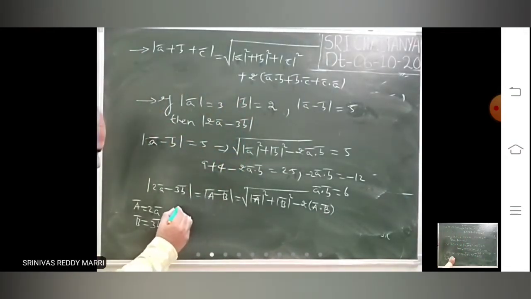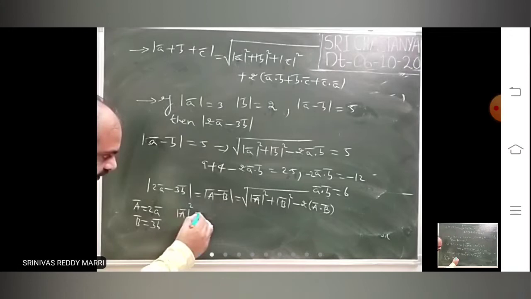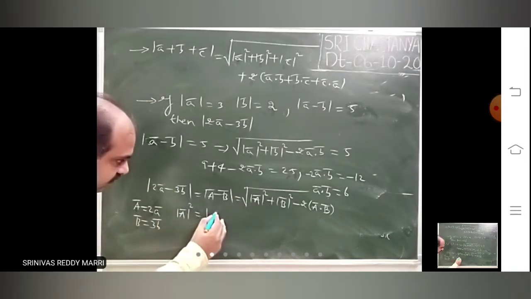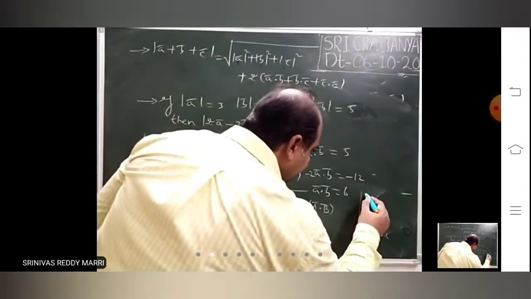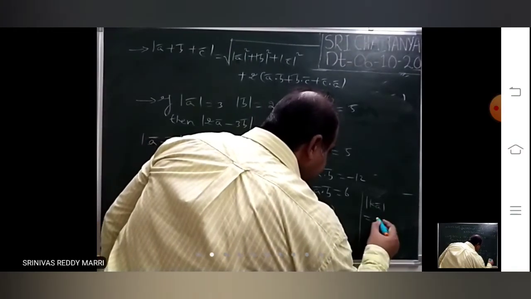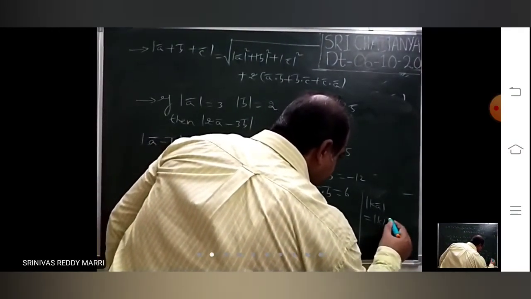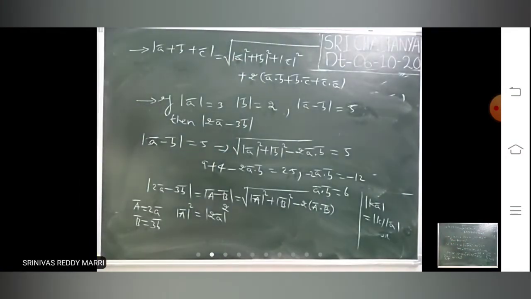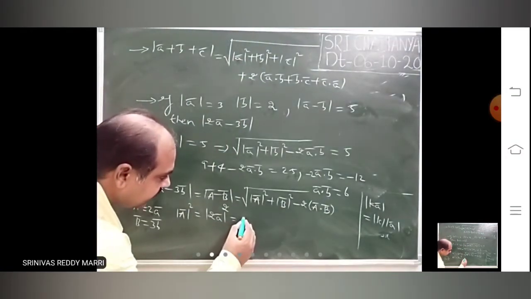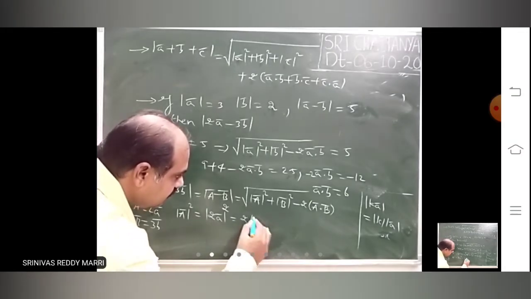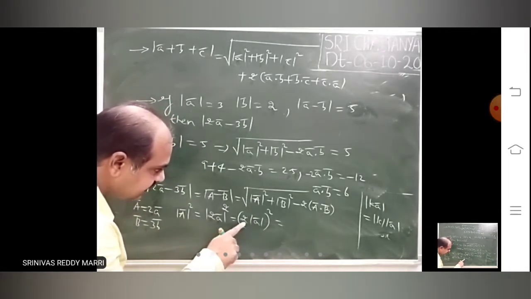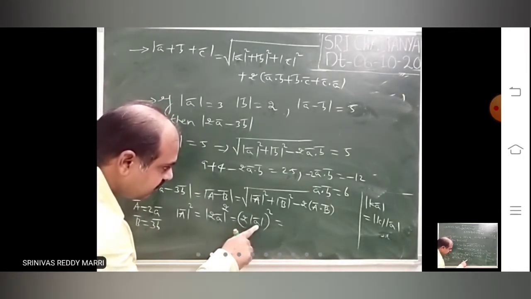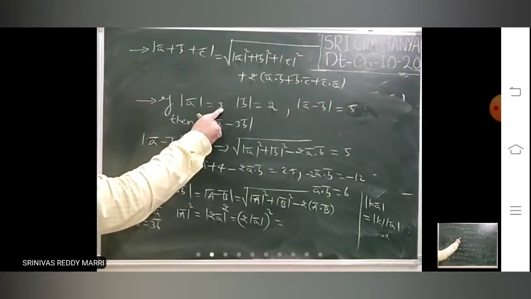Now I am calculating modulus 2A bar square. Always remember, I have told, modulus K A bar is nothing but modulus K into modulus A bar. That means this is nothing but 2 into modulus A bar. Modulus A bar is what? 3.